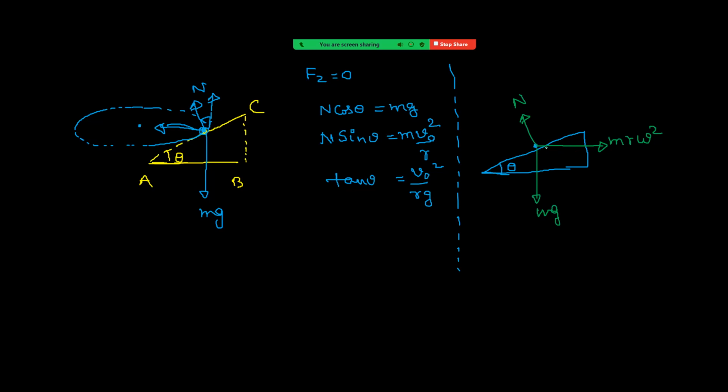From the vehicle frame, the vehicle is in equilibrium. Therefore, there is no net force acting along the road. Then see components along the road and normal to the road. So we are now resolving components along the road and normal to the road.